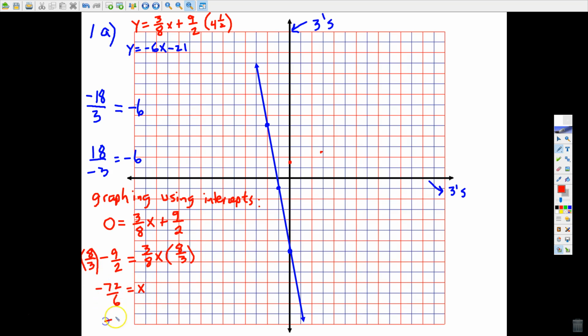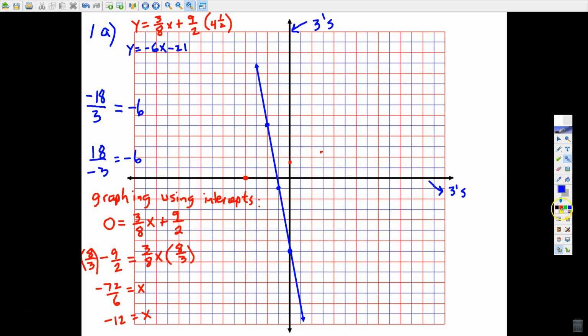That reduces, and it's a nice, easy to plot number because it's divisible by 3. -12 on the x-axis: I would go -3, -6, -9. Here's -12. So it looks like those dots all fall on the same line.